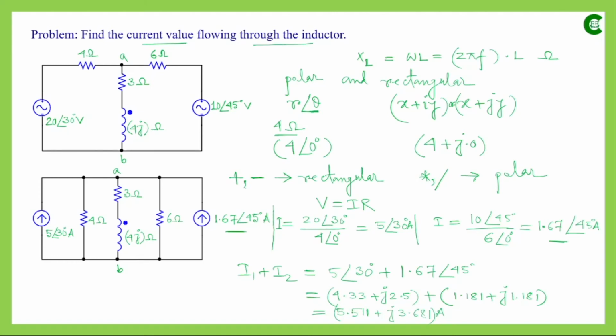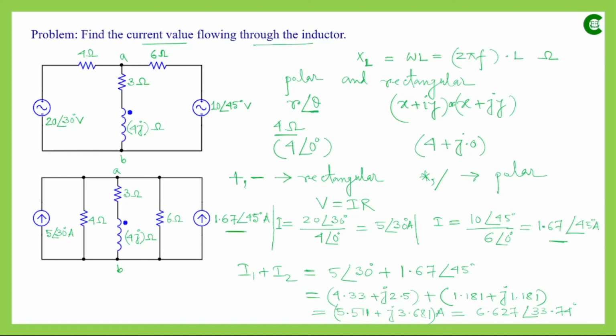And if we want to represent this rectangular format into polar format, then the corresponding polar value will be 6.627, angle 33.74 degree. How to convert a value which is given in polar format into its equivalent rectangular format, or a value which is given in rectangular, how it can be converted to a polar format, that has already been discussed in the class.